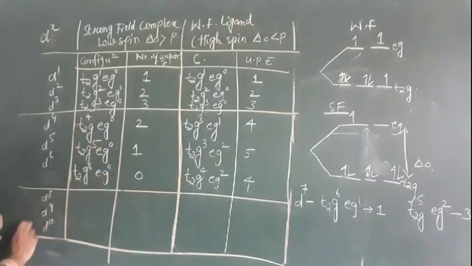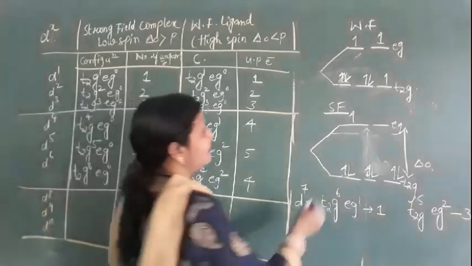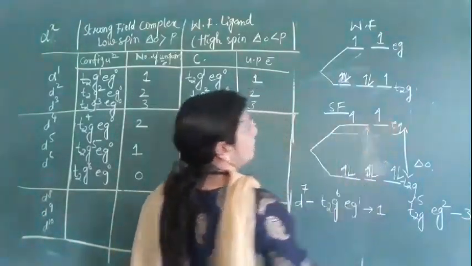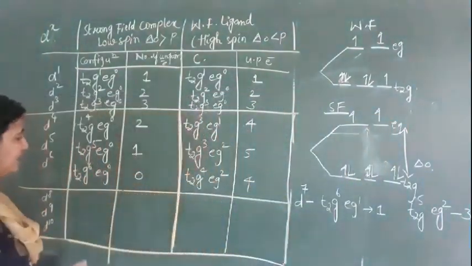For d8 electronic configuration, the eighth electron enters the t2g set in a strong field.